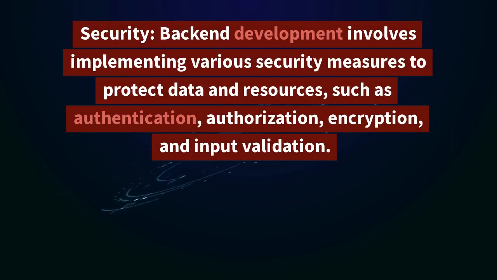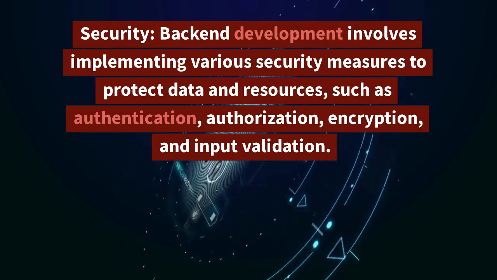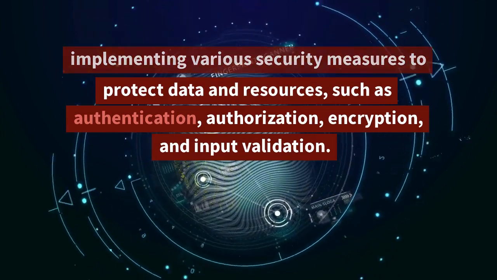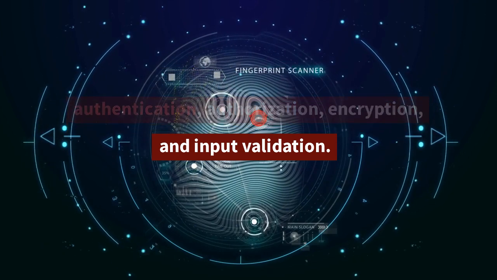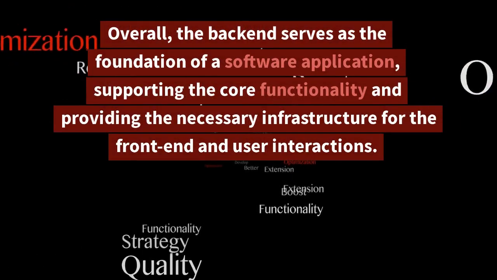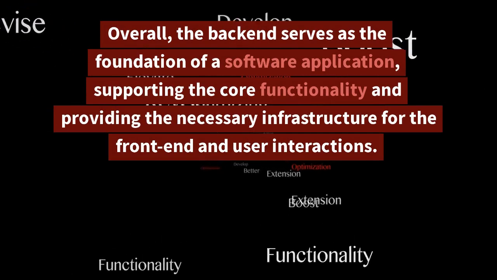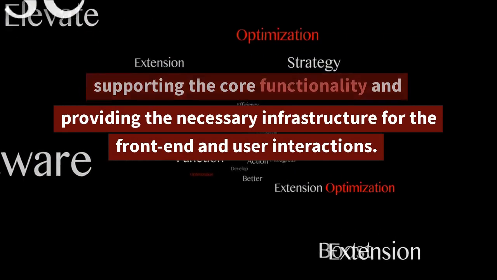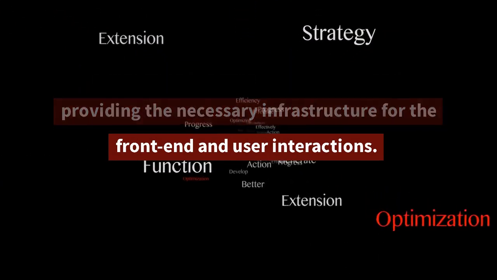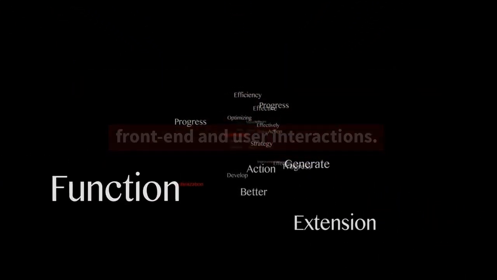Backend development involves implementing various security measures to protect data and resources, such as authentication, authorization, encryption, and input validation. Overall, the backend serves as the foundation of a software application, supporting the core functionality and providing the necessary infrastructure for the front-end and user interactions.